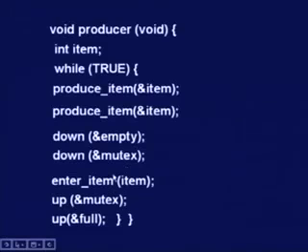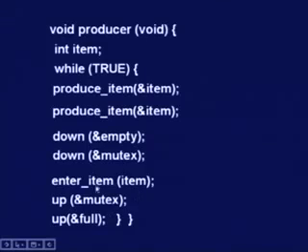So, it enters its critical section and puts an item into the buffer. So, enter item, this part of the code happens to be the critical section for the producer, where it is accessing the shared buffer. Notice that the critical section part of the code is covered by these semaphores, down mutex and up mutex.